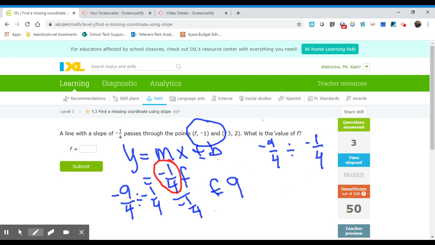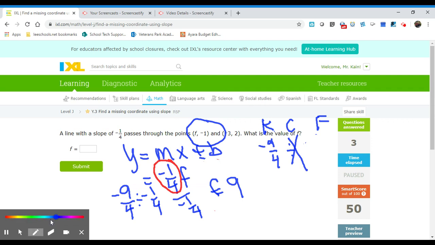Okay, so we're going to do K, C, F. Keep, change, flip. We're going to keep this first thing the same. We're going to change it, and then we're going to flip it. So it's going to become negative 4/1. Okay, always flip the last part here.